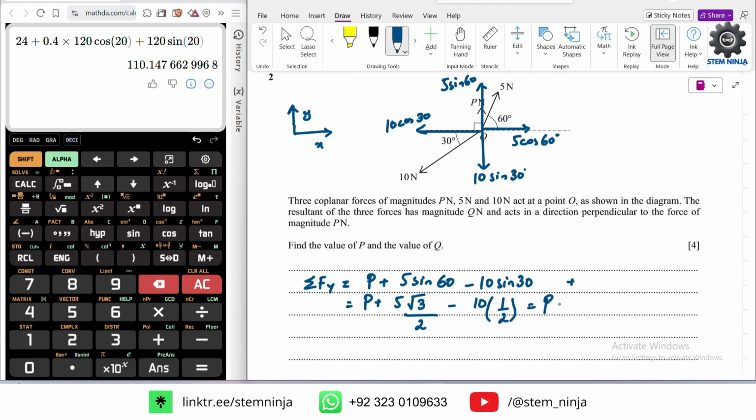So you get P plus 5 root 3 over 2 minus 5.